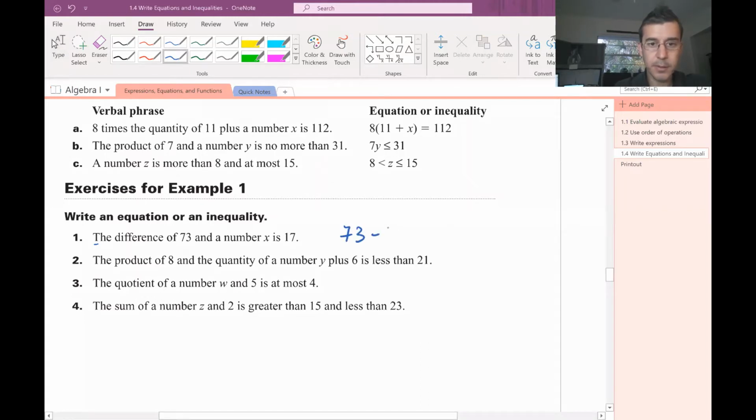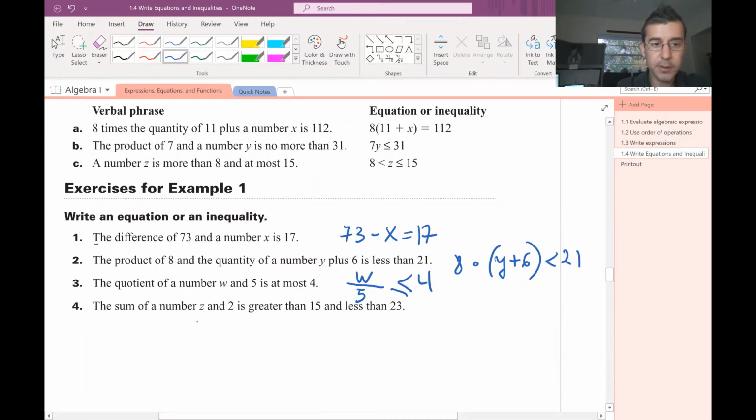73 minus x equals 17. Number 2, the product of 8 and the quantity of y plus 6 is less than 21. Number 3, the quotient of a number w and 5 is at most 4, so it's less than or equal to 4.